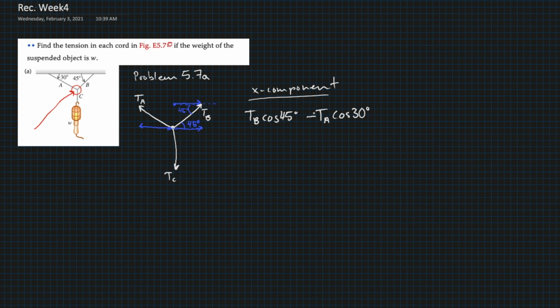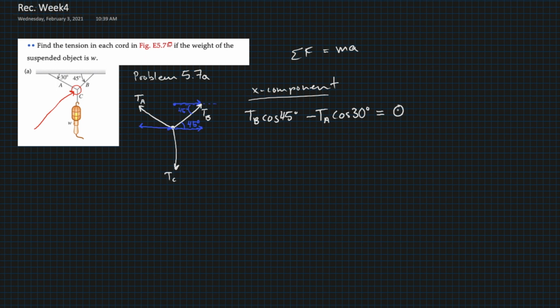Then to finish out this equation, recognize that because this thing that we're looking at is not accelerating or not moving side to side horizontally in any way, the acceleration here must be 0. And so we know that the sum of the forces is equal to mass times acceleration. If acceleration is 0, then this right side of the equation is 0.